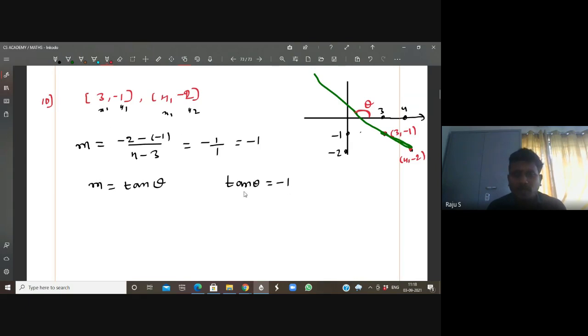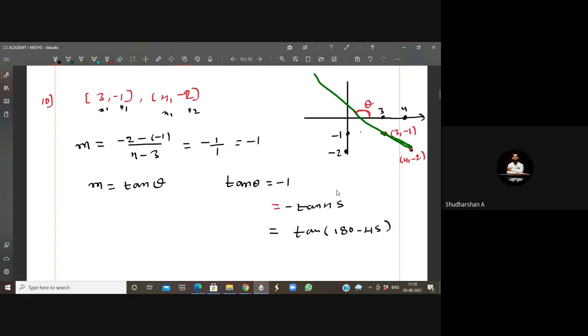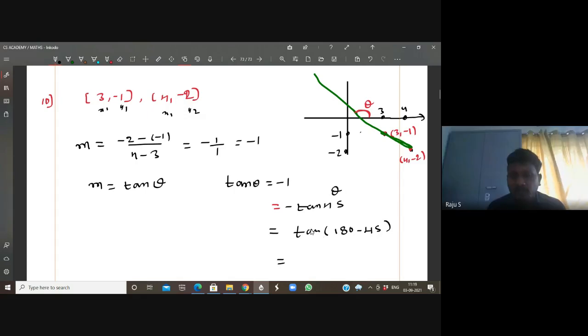When tan theta is equal to minus 1, shall I write this minus 1 as minus tan 45? So tan of 180 minus theta is minus tan theta.